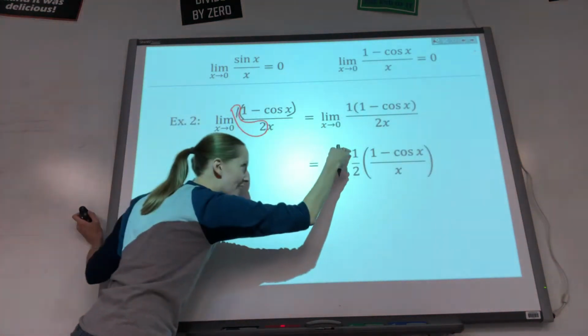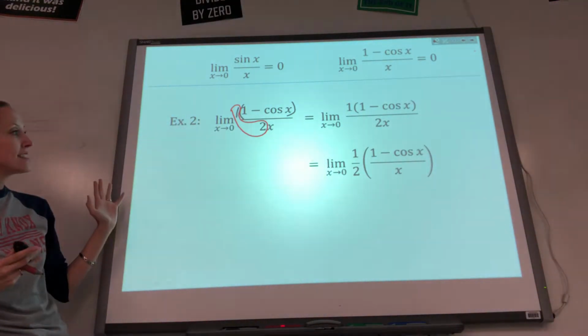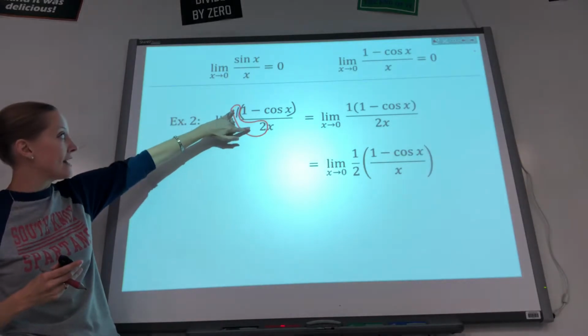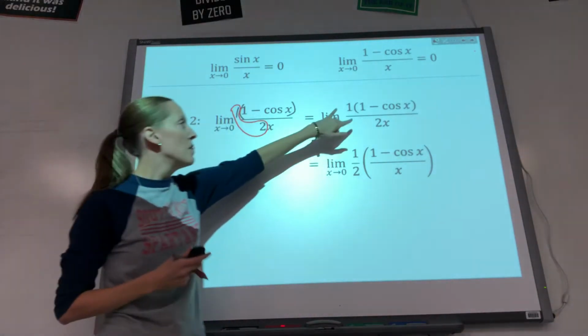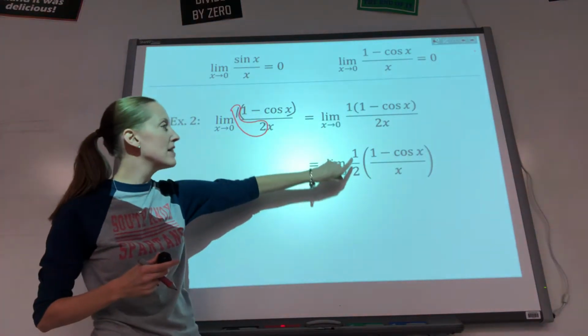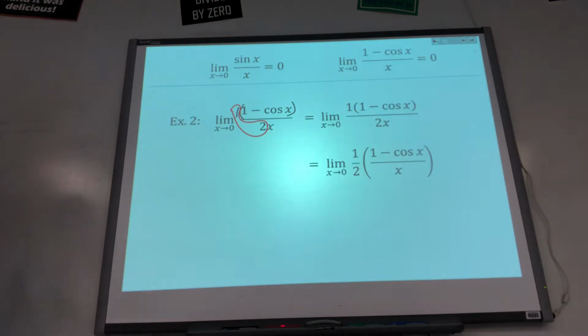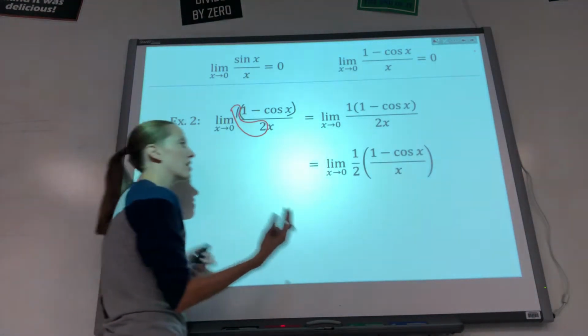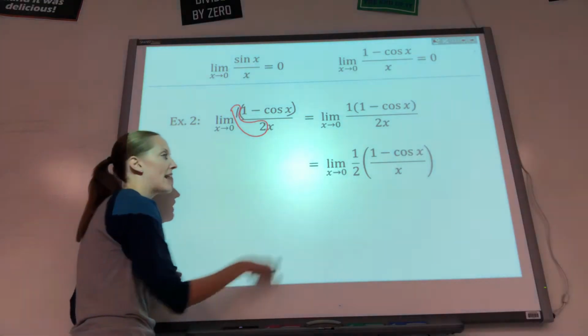I'm going to do that right here. Pull that 1/2 out front, and so this 1 minus cosine of x over 2x is actually going to be the same as 1/2 times 1 minus cosine of x over x. Okay, so I can do what I did on the last problem.